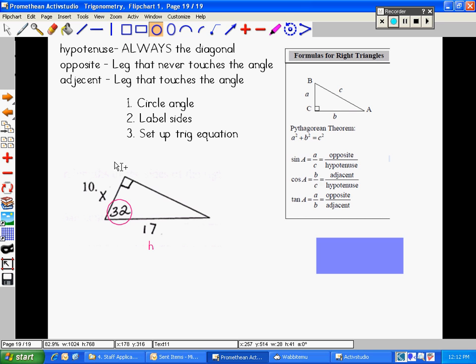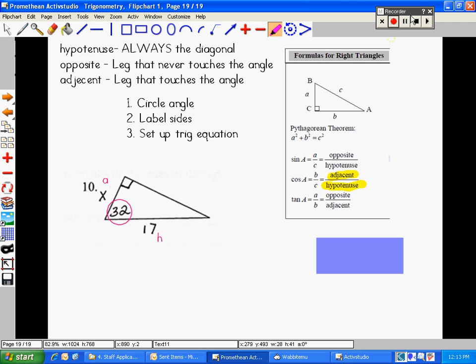So I'm going to label this A for adjacent. So now I look at my formula sheet, blue formula sheet, got to use it. Which ratio uses the adjacent and the hypotenuse? We know we can use cosine. Cosine uses adjacent and the hypotenuse.